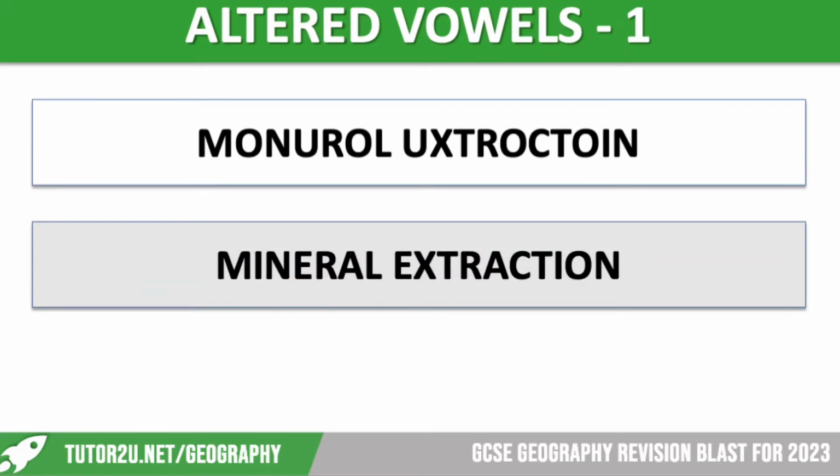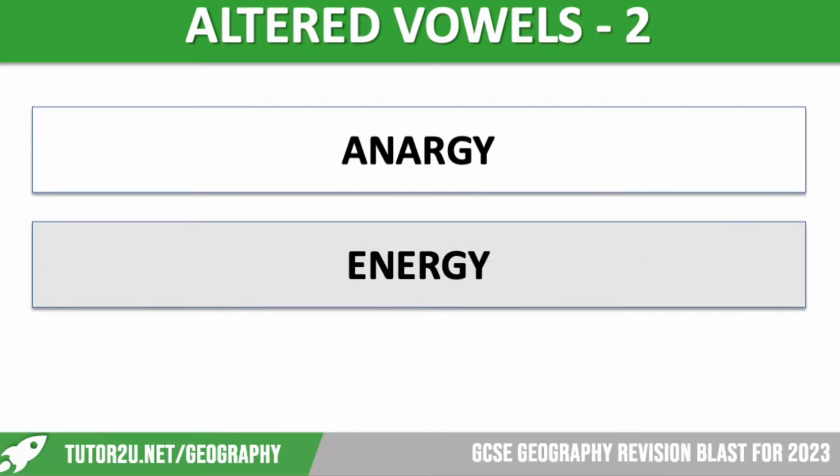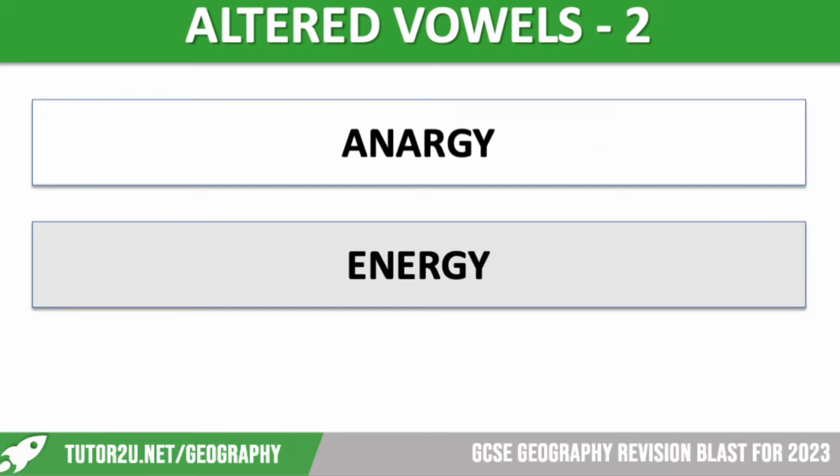So we're going to talk about these in the next activity. Number 2. So remember, it's not an anagram, just the vowels have been changed. This one is fairly easy. What do we think it is? Hopefully you've worked out that it is energy. So lots and lots of energy development takes place in deserts. Again, we'll talk about that in a minute.